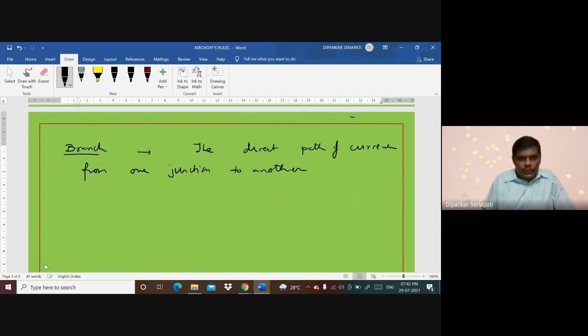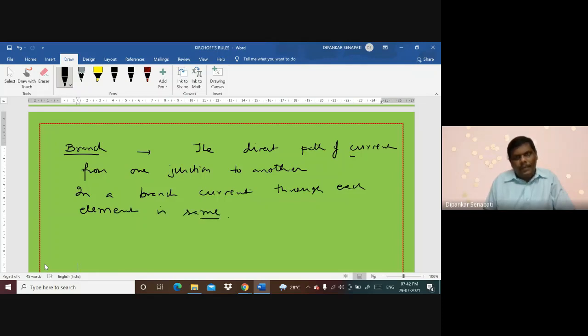So what is the specialty of a branch? In a branch, current through each element, or each component, is the same.